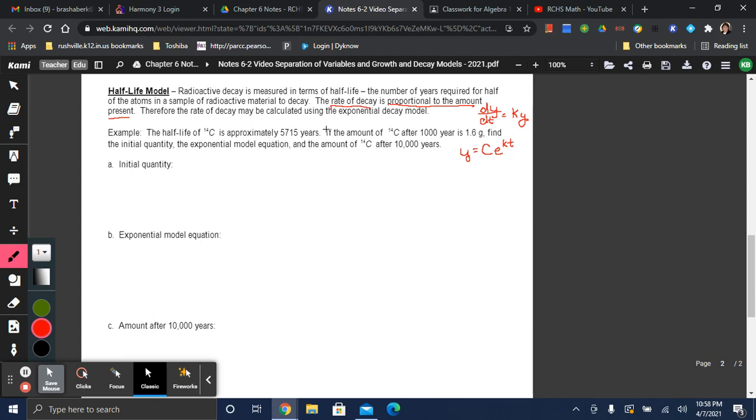But you do not know how much is there at the beginning. So to find this initial amount, I'm going to use this half-life information and realize that no matter what amount I started with, and make sure you use, this is time, even though it's the bigger number, 5,715 years, half of whatever I started with would be there.